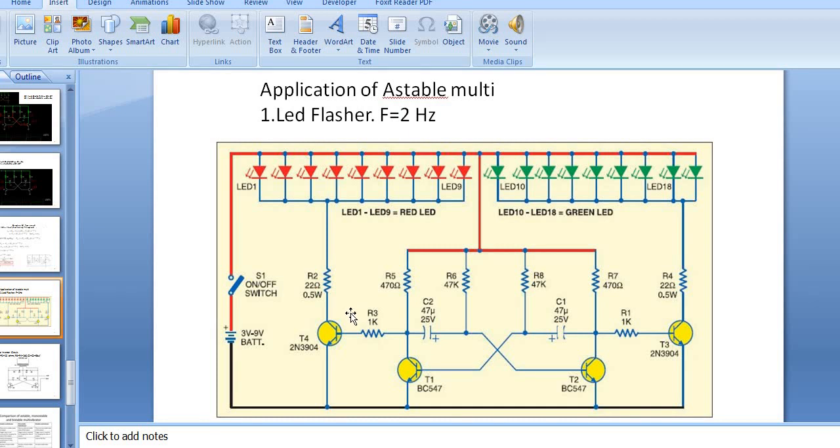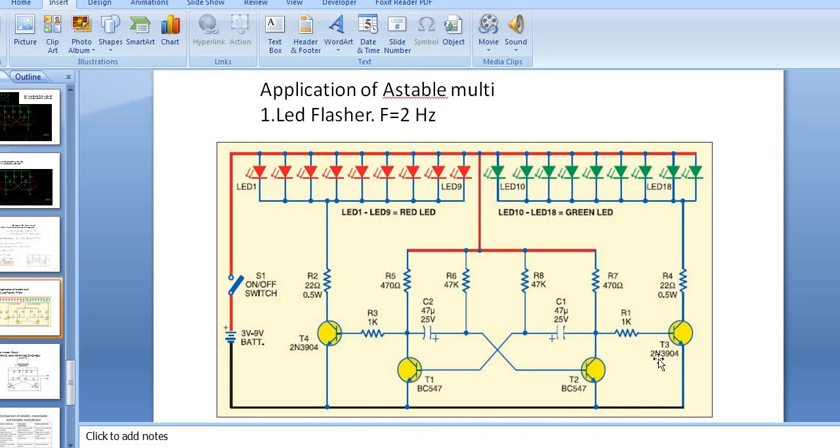After some amount of time, determined by R6 and C2, meaning 47 kilo ohms and 47 microfarad, after this time period the status changes again, right? T1, which was on, will now become off. T2, which was off, will now become on. So in the beginning, red color LEDs are on, green color LEDs are off. Now after some time, these green color LEDs will turn on, red color will be off, right?